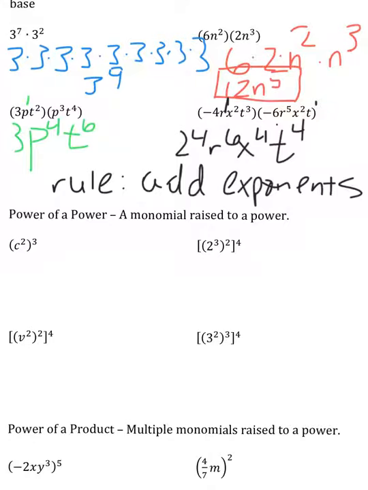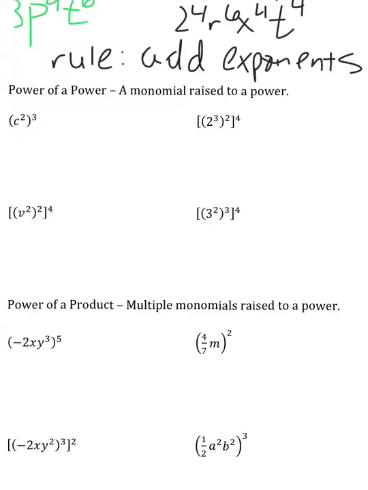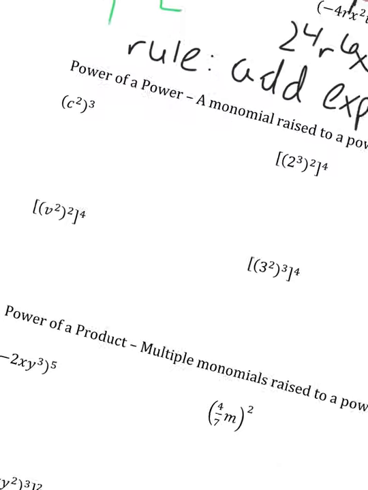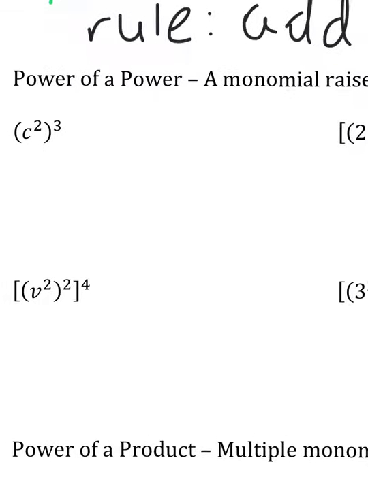So we might also see a power of a power, so a monomial raised to a power. Like for example, this first one, we have c squared cubed. Well, this is like saying we have c squared 3 times, right?